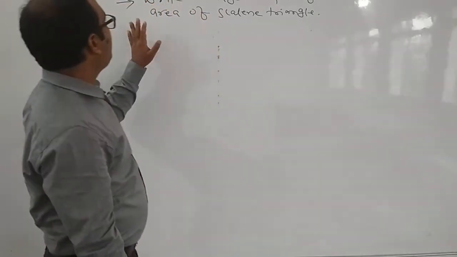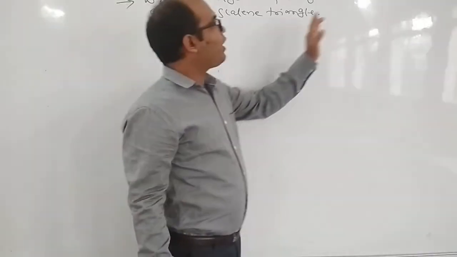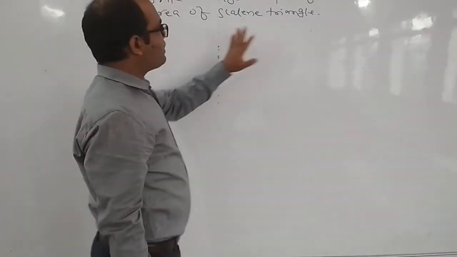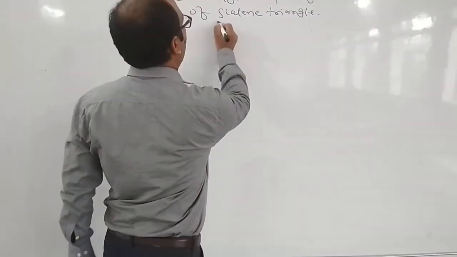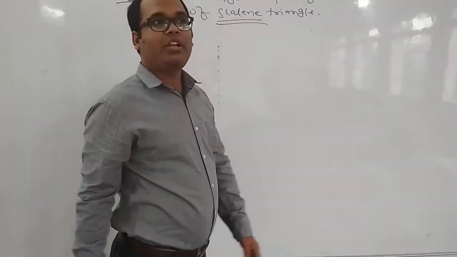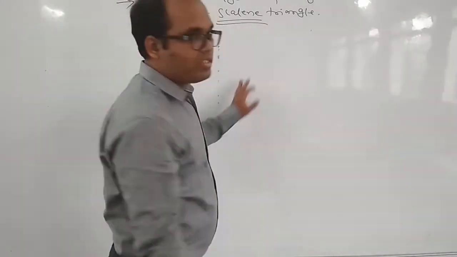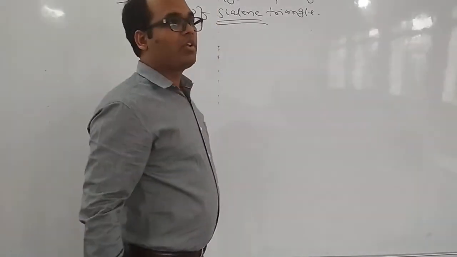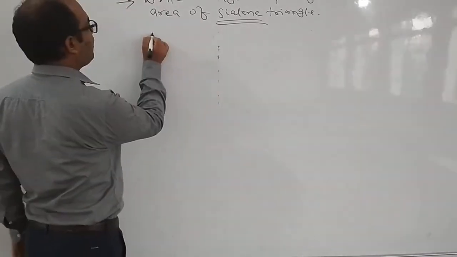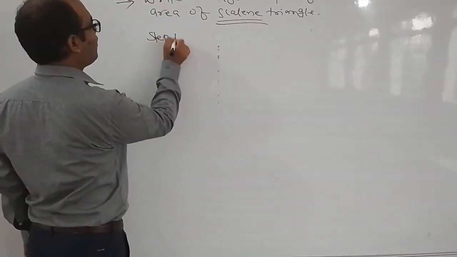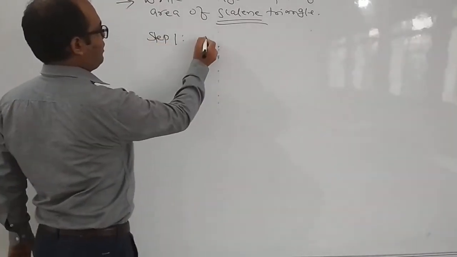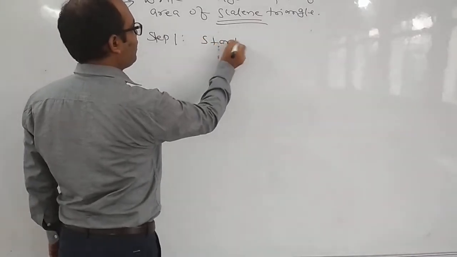Now the question is write an algorithm to find the area of scalene triangle. Scalene triangle means all the three sides of a triangle are different. Now for this I am going to write the algorithm. So step 1, start. Algorithm start.